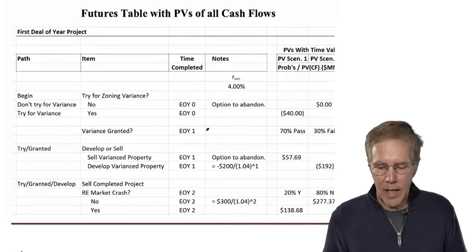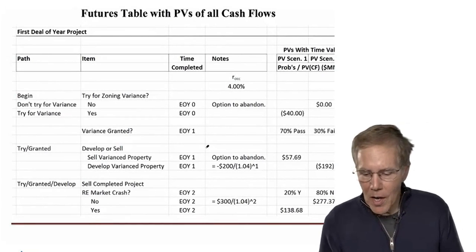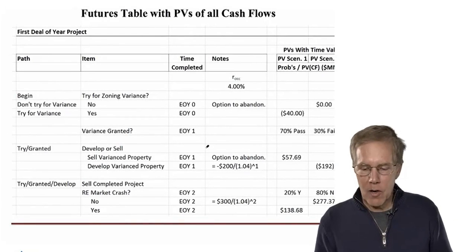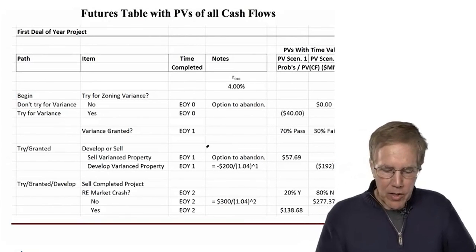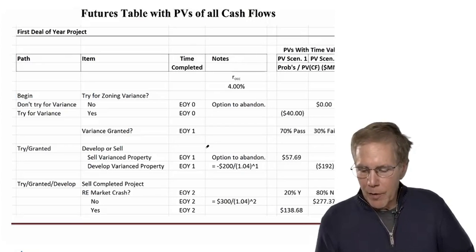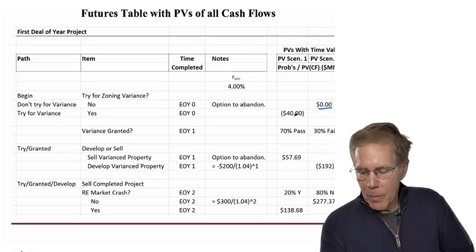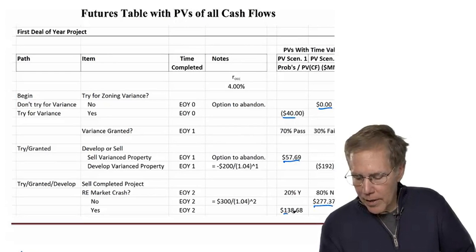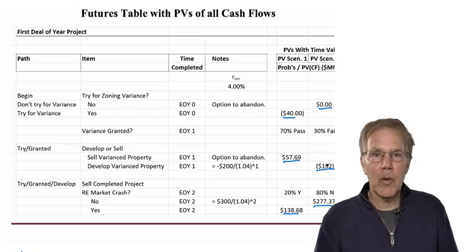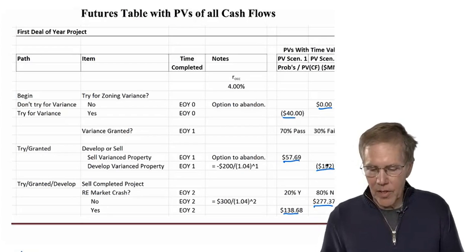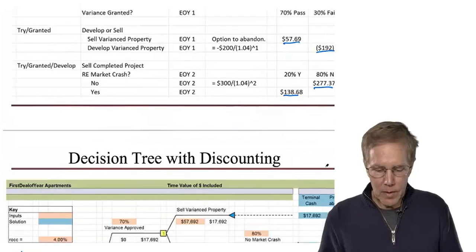Okay, so now I've got our futures table with all of our cash flows included here, and it looks exactly like it did before, except now the numbers I have here are my equivalents at t equals 0. So I can add them up, I can subtract them, et cetera, to help me get NPVs.